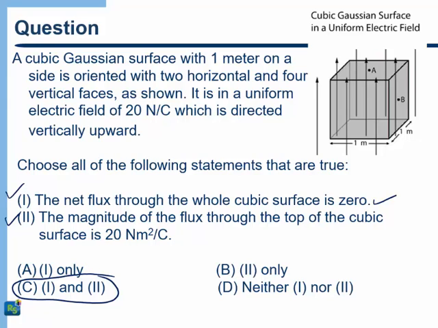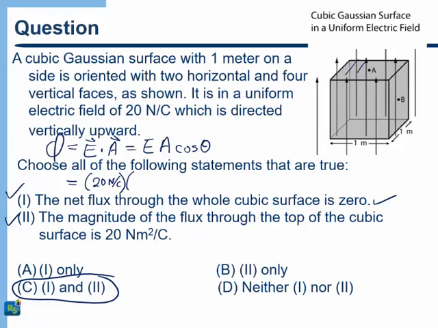We know that as long as the electric field is constant over the surface, the flux is just E dot A. And we know we calculate that by taking the magnitude of the electric field, the magnitude of the area, and the cosine of the angle between the vectors. So notice in this case, the electric field is 20 newtons per coulomb.